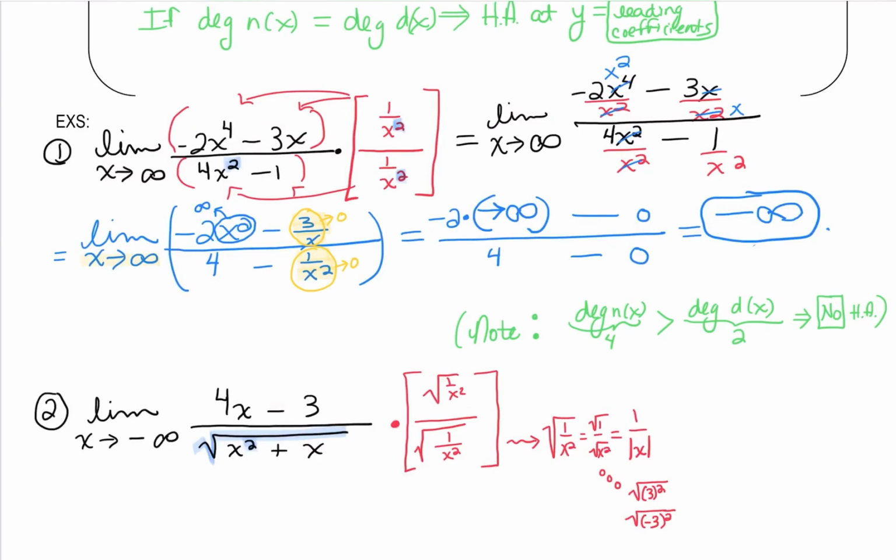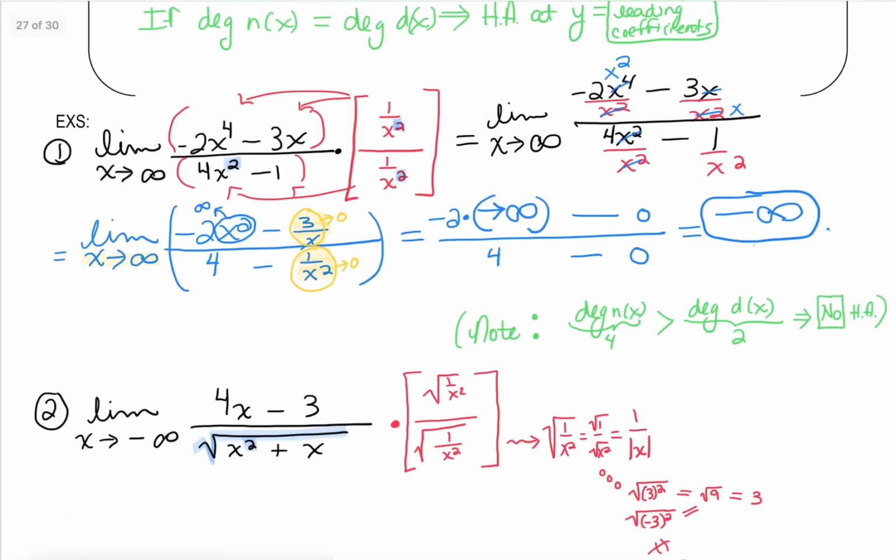So notice, the square root of 3 squared becomes 3, because the square root of 3 squared is the square root of 9, and the square root of 9 is 3. But guess what? The square root of negative 3 squared is also the square root of 9, and that's also 3. So this second one did not just come out to be, oh, the square root cancels, for lack of a better phrase, with the square, and I just get negative 3. That isn't what happened, right?